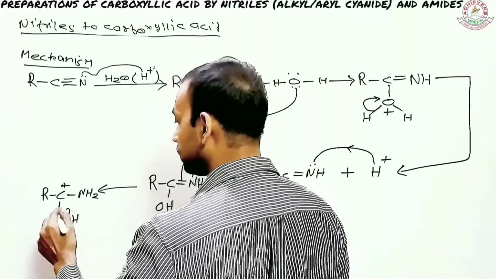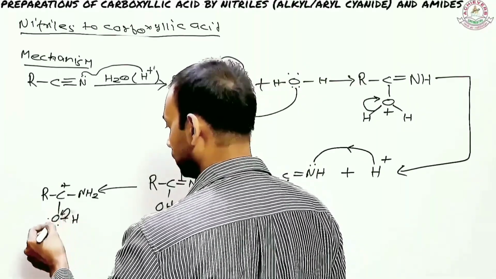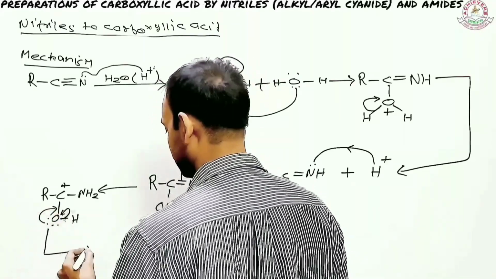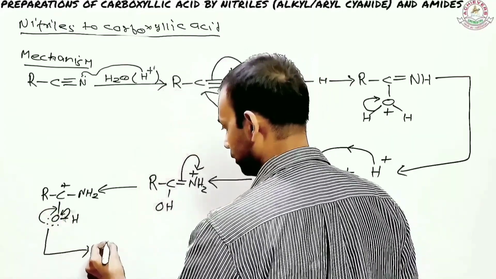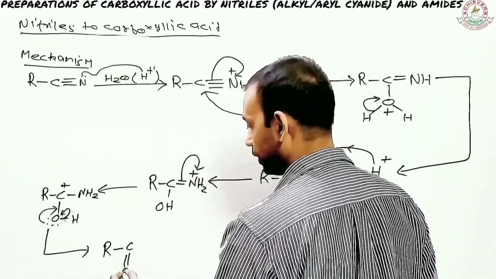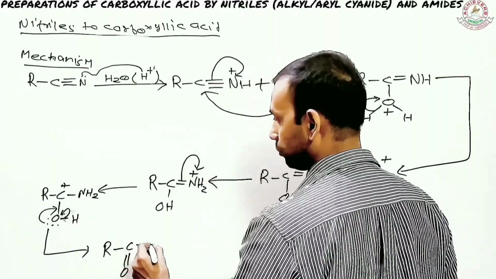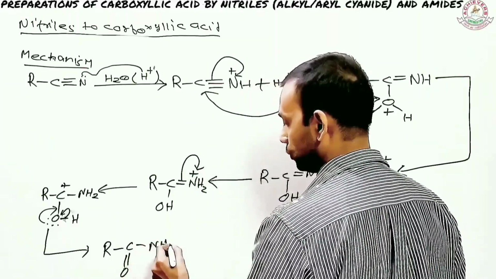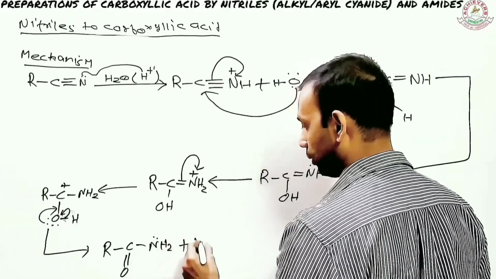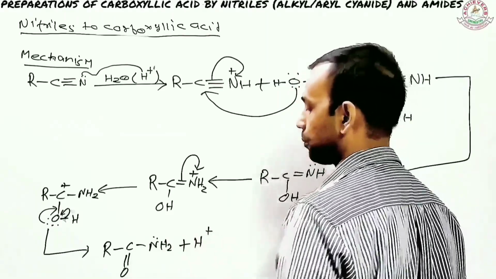The electron released is transferred to here. So what do you get now? You get R, you have C with the positive charge, with a double bond to oxygen, and you have NH2. Now the lone pair is still there, but along with that you have a proton, right?